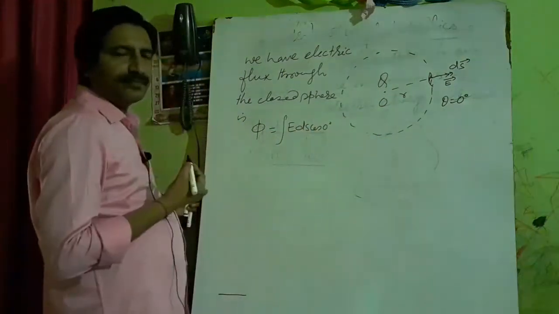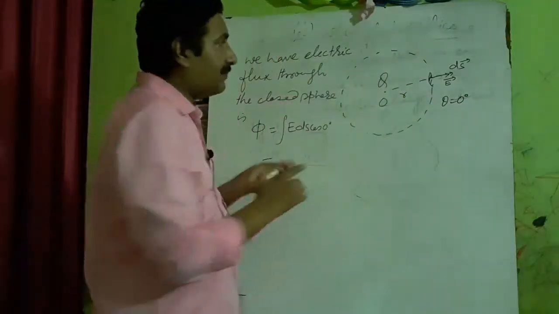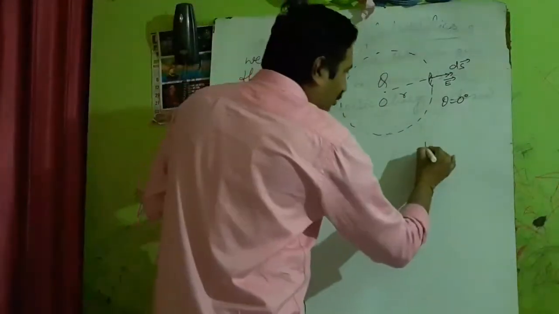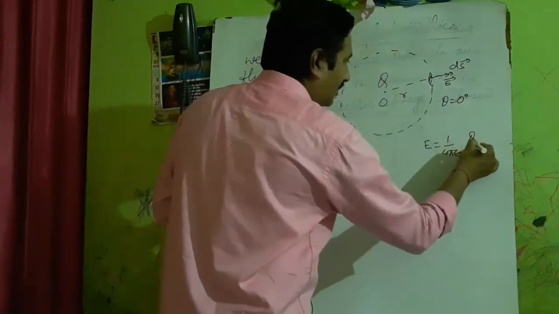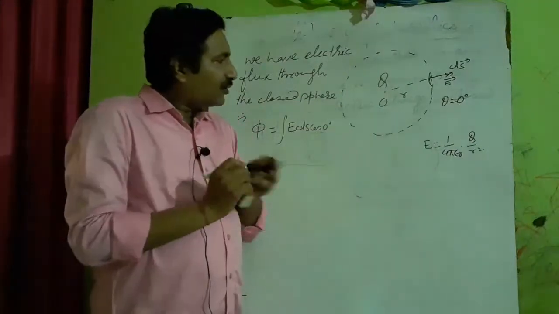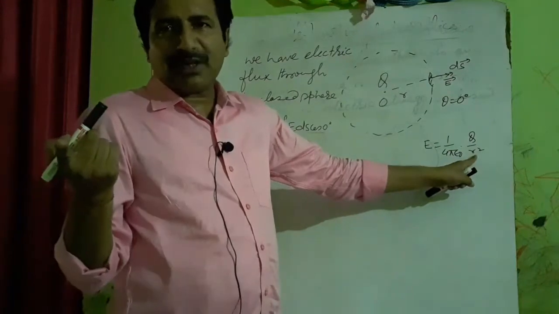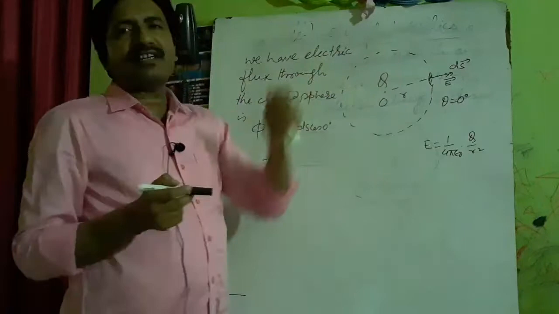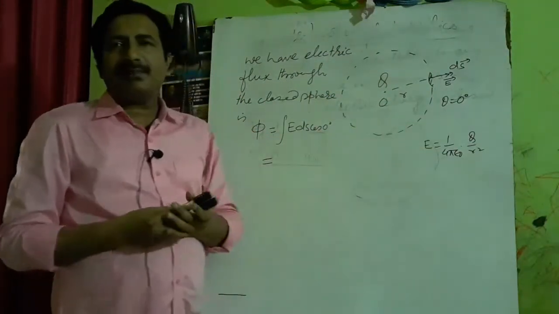E is constant, means magnitude of E is same at every point lying on the sphere. Why? Because you know value of E is 1 by 4 pi epsilon naught Q by R squared. Q is same. 1 by 4 pi epsilon naught is constant. So E will be same for R to be constant. Means if R is constant, E will be same. So for each and every point lying on the spherical surface, R is same. Therefore E will be same.